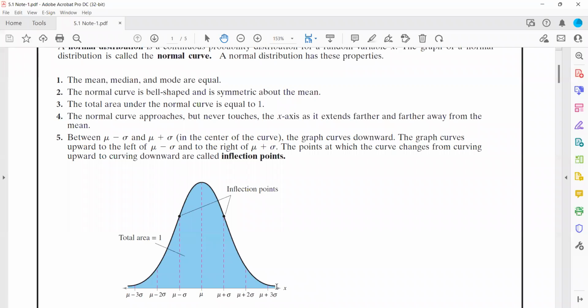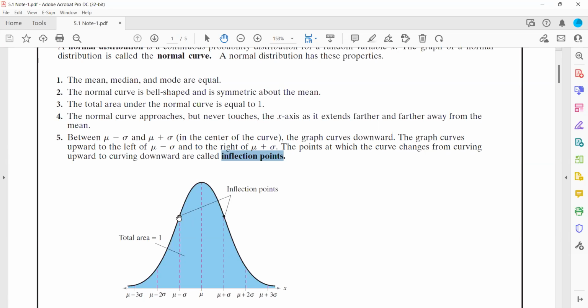For those of you who are in calculus, we learned about inflection points, but if you are not in calculus classes or you don't know what inflection points are, that's absolutely fine. Inflection points are the points where the graph changes its curve. So the graph opens up, then it starts opening down.